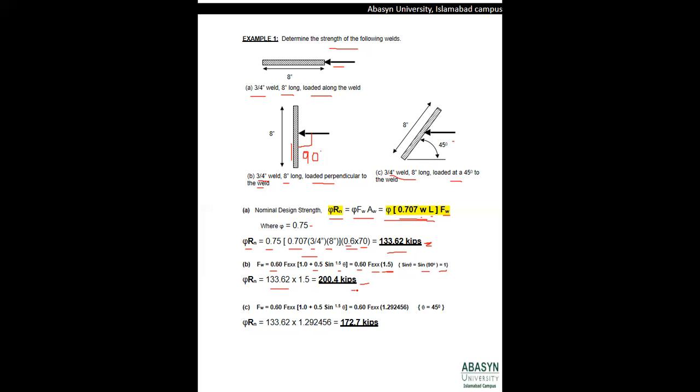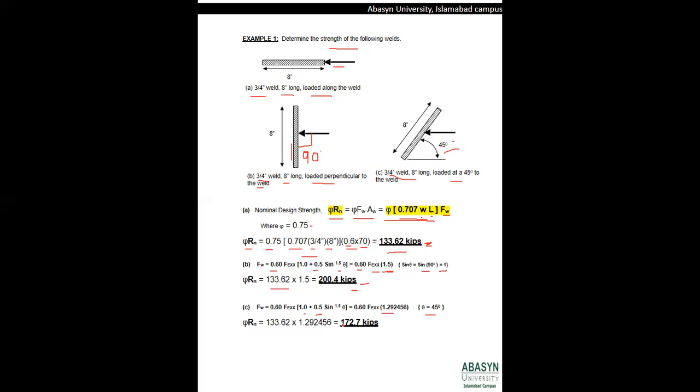Similarly, we will follow the same steps for the third part, or part C, of the problem, except that the angle used will be 45 degrees. We use sine theta at 45 degrees, raise it to power 1.5, multiply it with 0.5 and add 1, and it comes out to be 1.292.